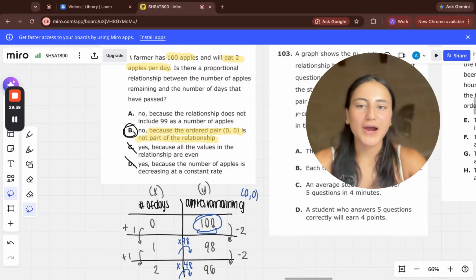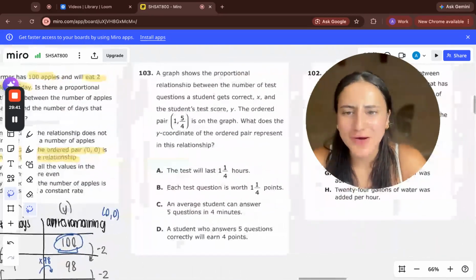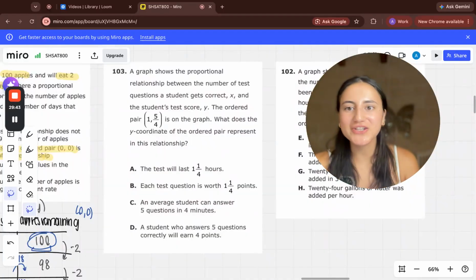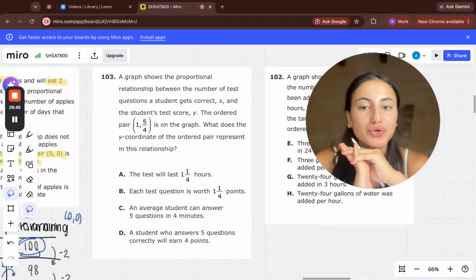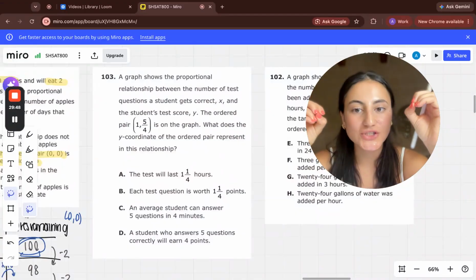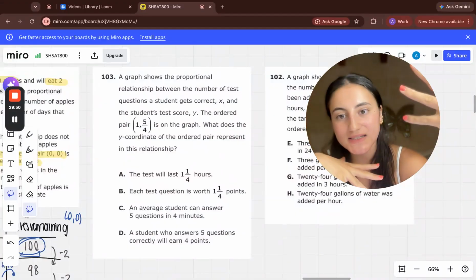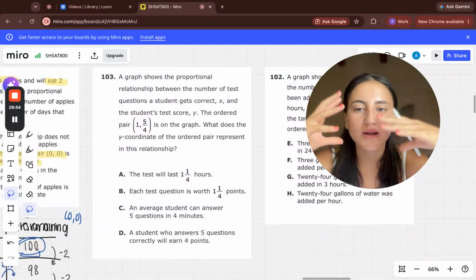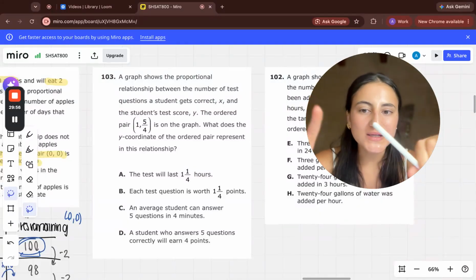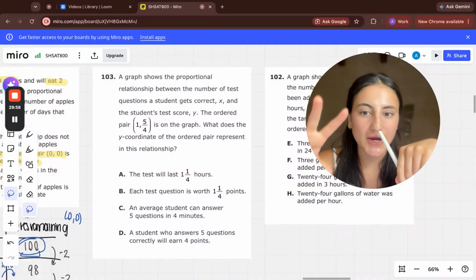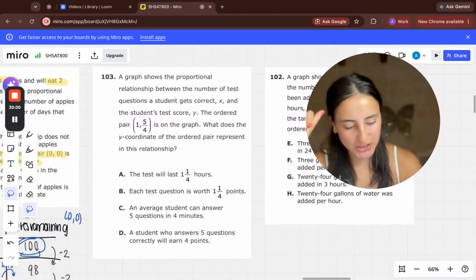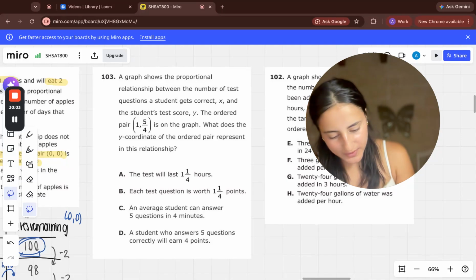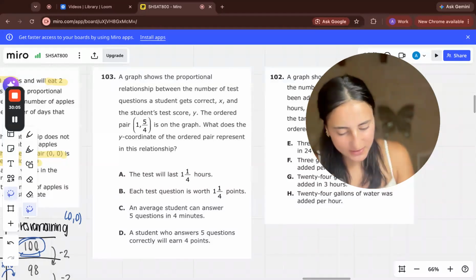Okay, final 2 questions. You've been with me for quite a while, so we're almost done, the final stretch. A graph shows the proportional relationship between the number of test questions a student gets correct, X, and the student's test score, Y. The ordered pair (1, 5/4) is on the graph. What does the Y coordinate of the ordered pair represent in this relationship? So I'm just going to look at the units again.